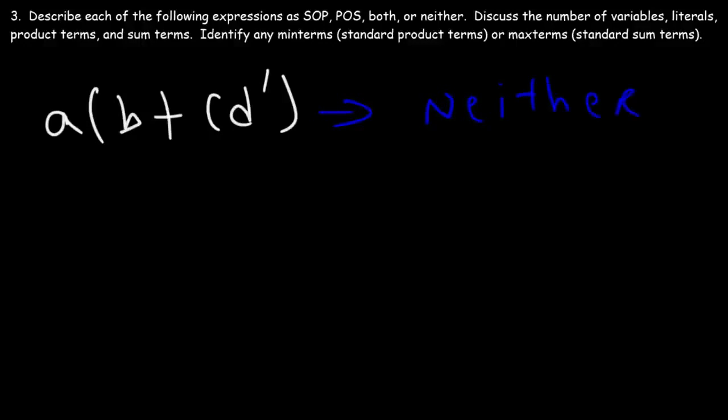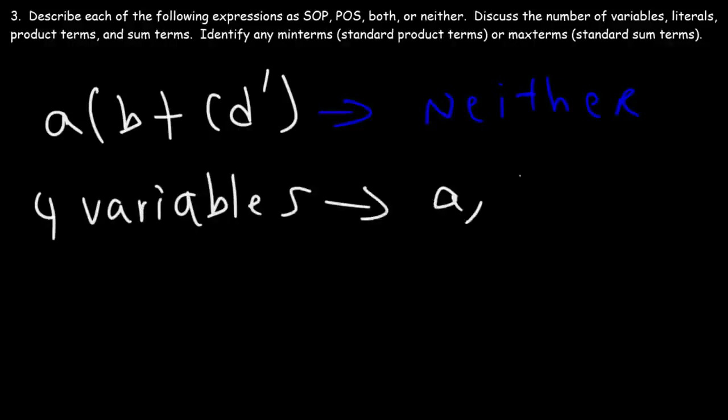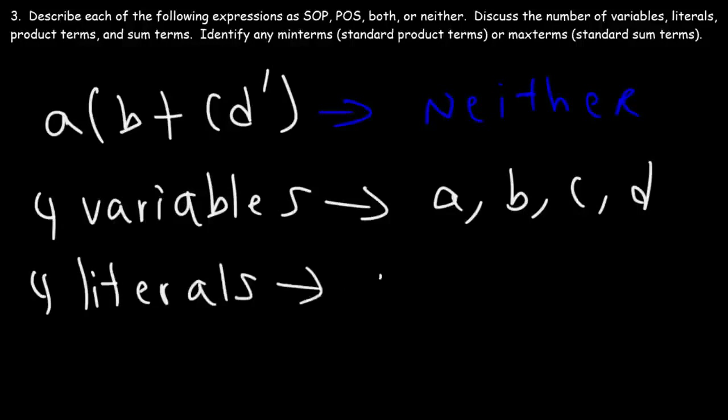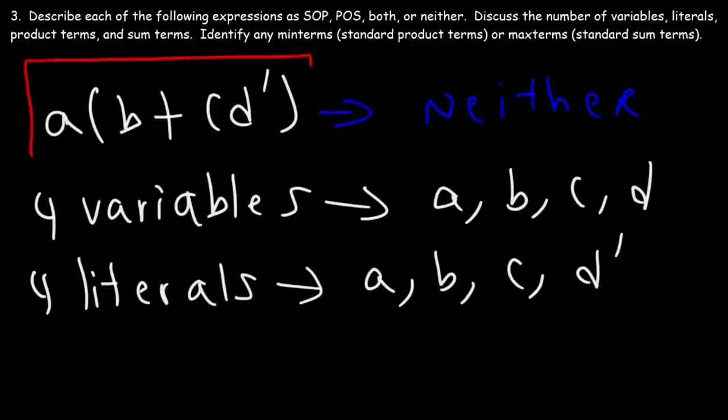It's neither a sum of products or a product of sums expression. Now, this expression has 4 variables. As we can see, it's A, B, C, and D. And it has 4 literals. If we list them, it's A, B, C, and D prime. And that's all we can say about this expression. So this is an example of an expression that is neither SOP or POS.